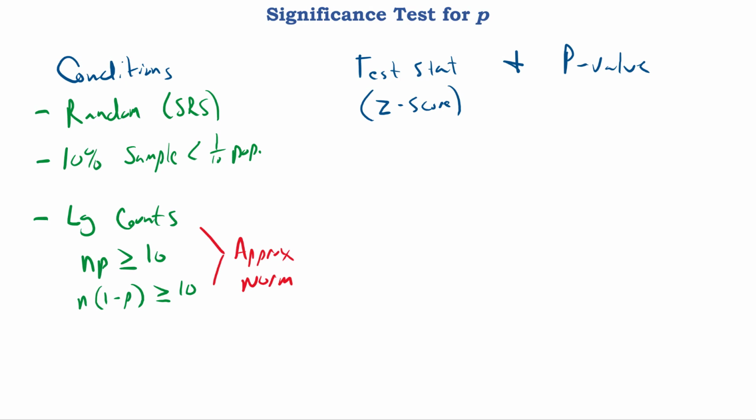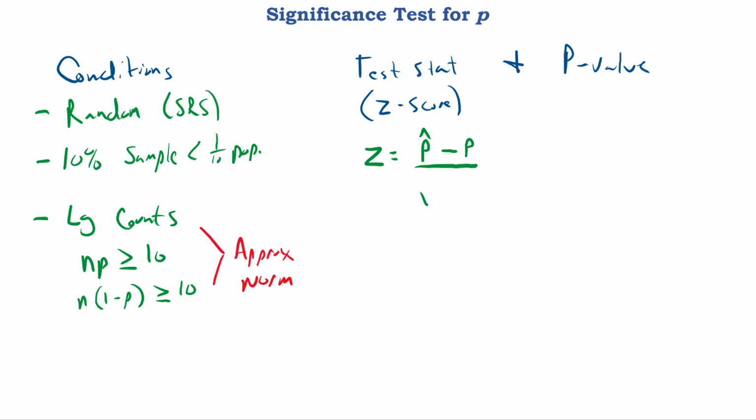So now that we've watched the conditions, understand we need a random sample, the 10% condition, and large counts. Now let's talk about our test statistic, our z-score. Now that we know we've got an approximately normal setup, to find your z-score, also called your test statistic, we take your p hat from the sample minus the overall proportion given to you, all divided by the standard deviation.